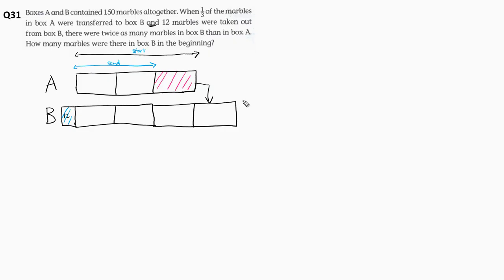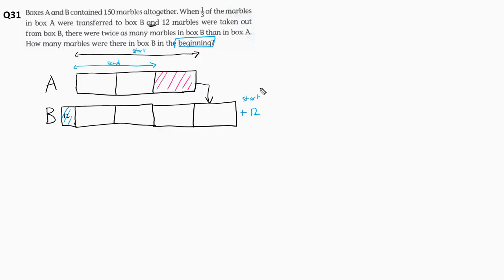But you could also have added plus 12. That's what was there in the beginning, because we need to be able to identify what was in box B at the beginning. That was also there at the start. So you need to find some way that you are going to make a note of this additional 12 marbles that were there at the start.